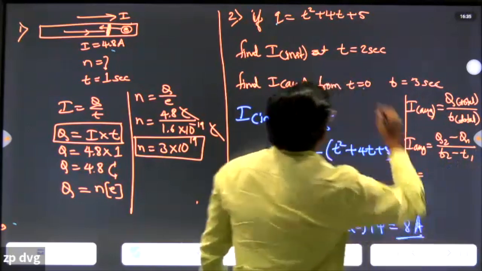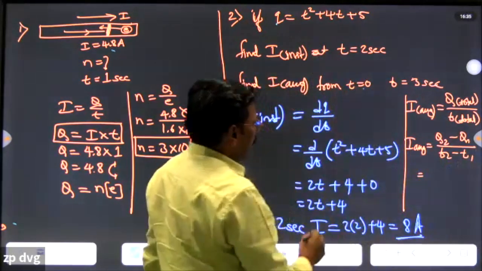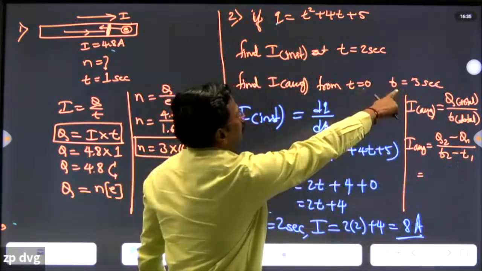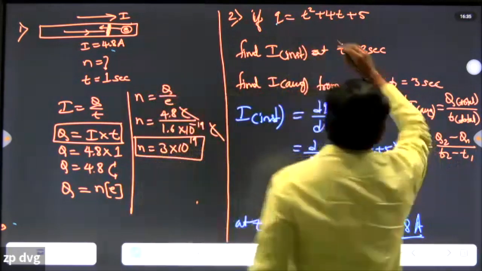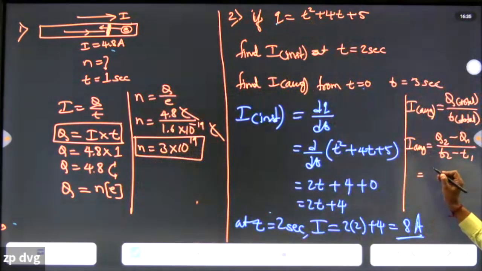Q2 is the charge at t equal to 3 seconds. Substitute t equal to 3 seconds here, and you will get 9 plus 12 plus 5.